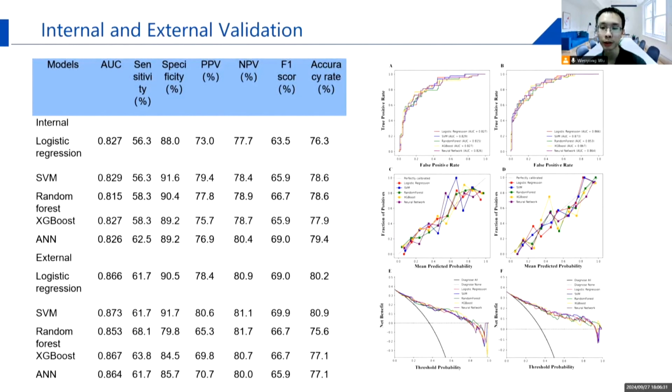With these predictors, prediction models were developed with 5 different methods, including logistic regression, SVM, random forest, XGBoost, and fully connected neural network. The internal and external validation showed that the SVM model performed best among the 5 models.